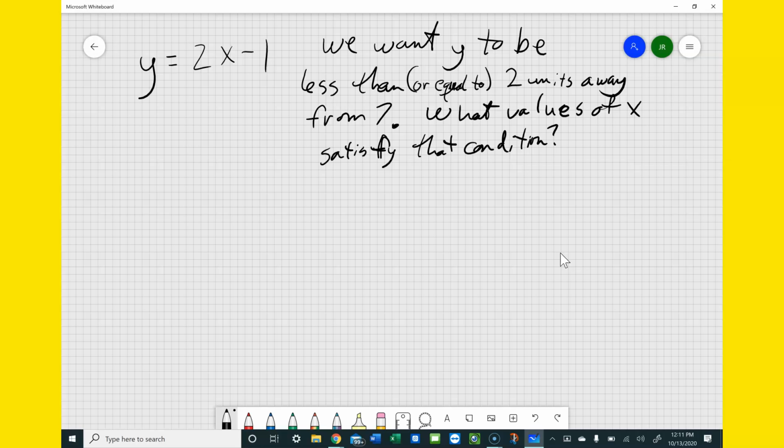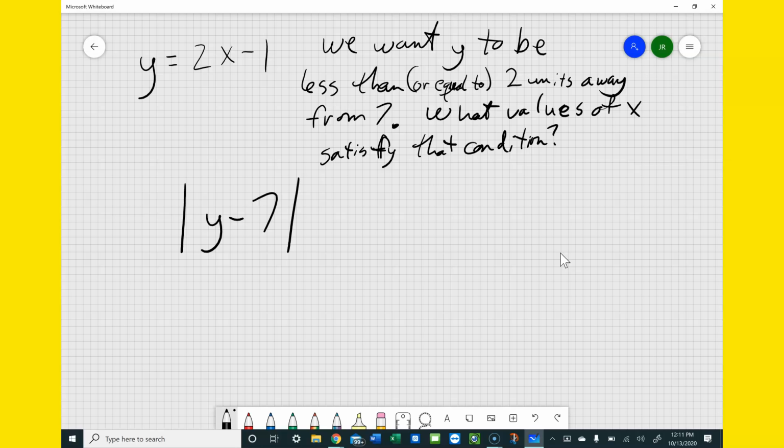If you want to say the difference between y and 7, you say y minus 7. And if we're saying that y differs from 7, that means it could be on either side of 7. It could be up to 9 or down to 5, which the way to take care of that is to use an absolute value symbol. That means that the difference between y and 7 on either side is what we're looking at.